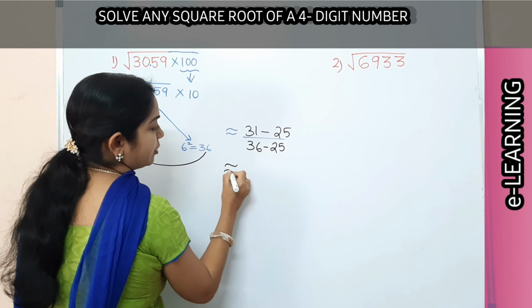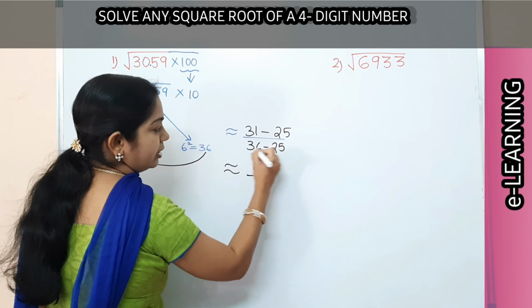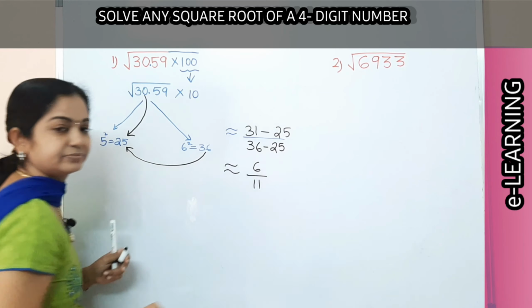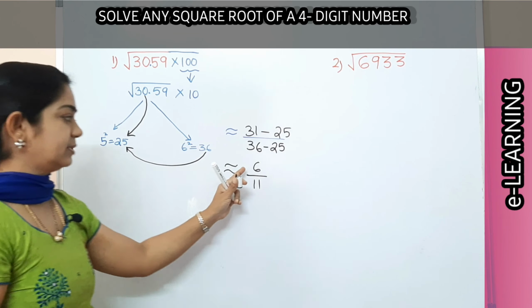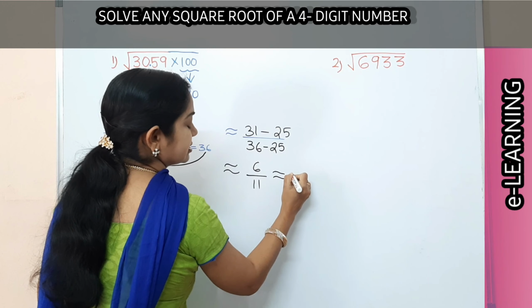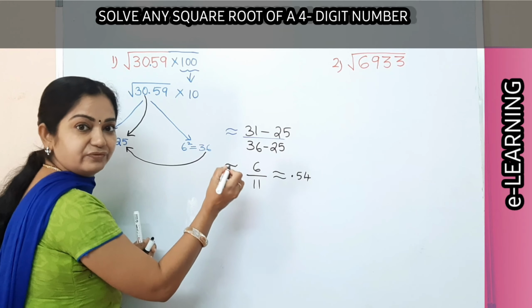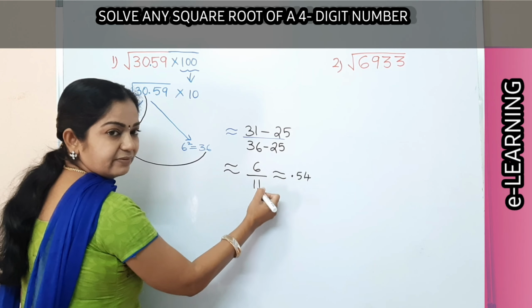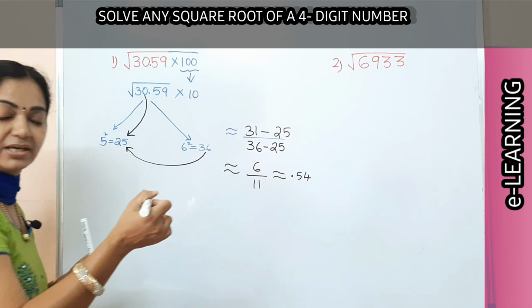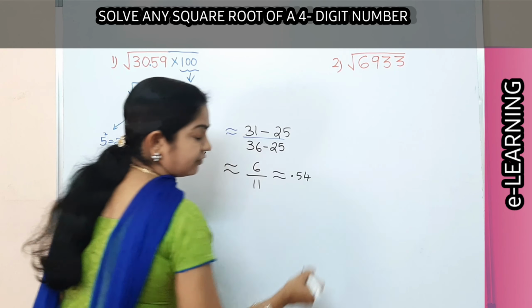This comes to 6 upon 11. Now 6 divided by 11 you approximately get as 0.54. 11 5s are 55, 60 minus 55, 5 comes again 0, 11 4s are 44.